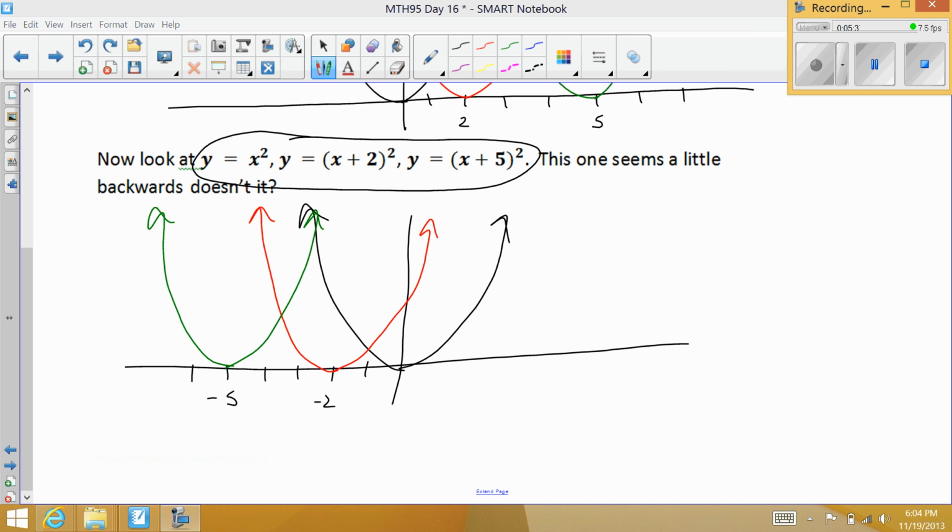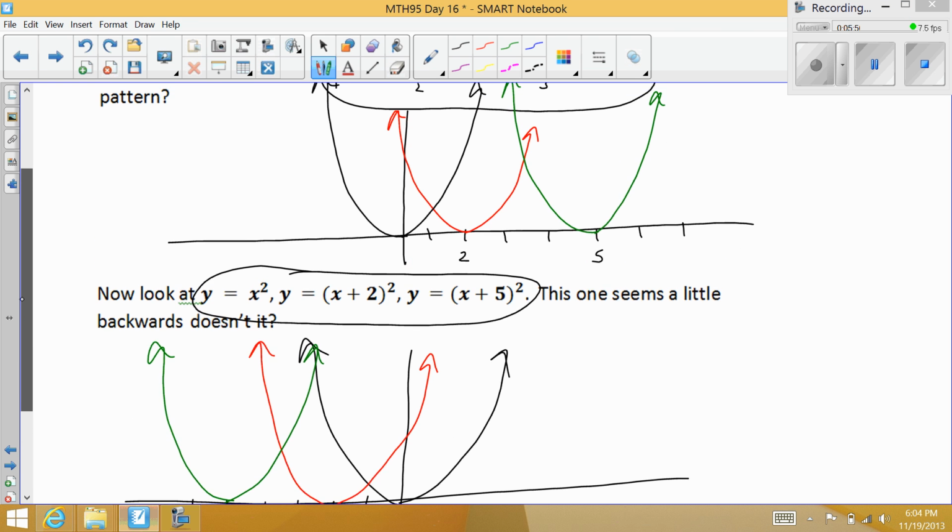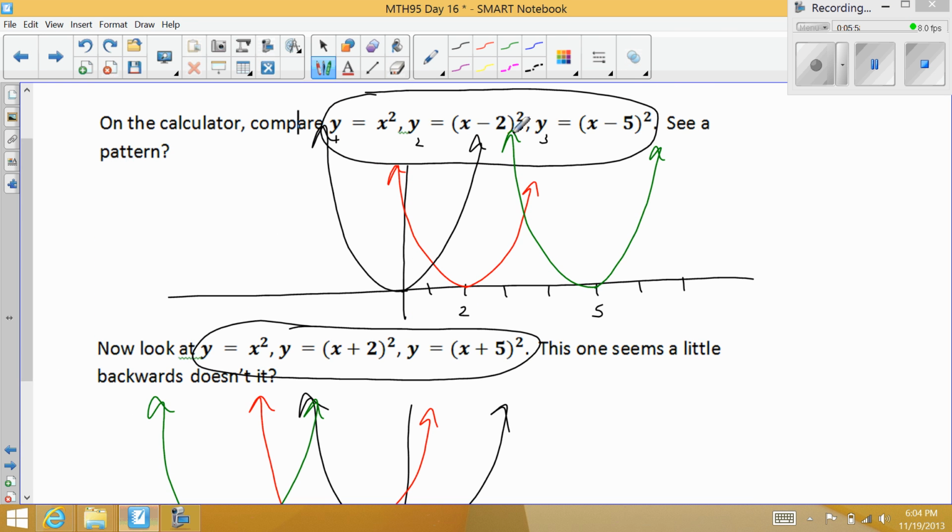Okay, so again, we've got a horizontal shift, but the x plus 2 shifted left, so its vertex is at negative 2, and the x plus 5 squared shifted left also, so its vertex is at negative 5, which I think most people find seems a little backwards, that x subtract a constant shifts right, whereas x plus a constant shifts left.